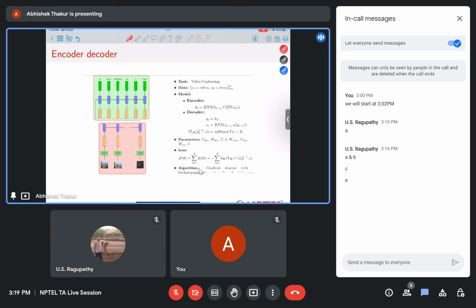Here you can see first the CNN is used on this video, on each frame of the video, which is also known as an image. So we have used the CNN on that, and after that the RNN is used like this. You can see the output of this is provided to the RNN network, and after that the captioning is done: a man is walking on a rope.